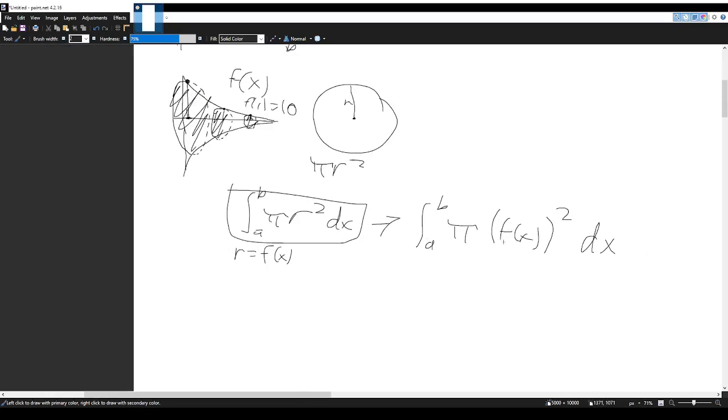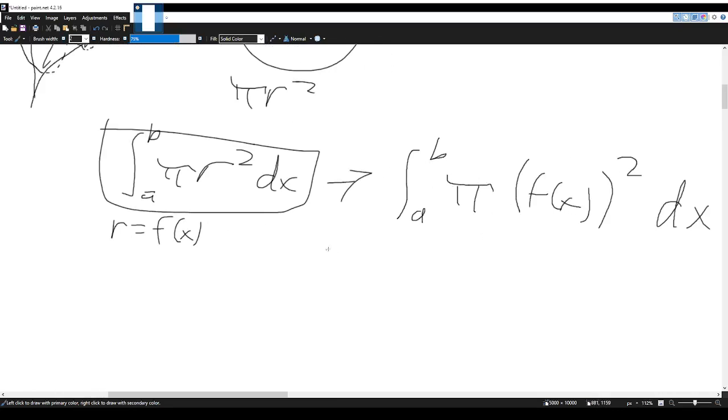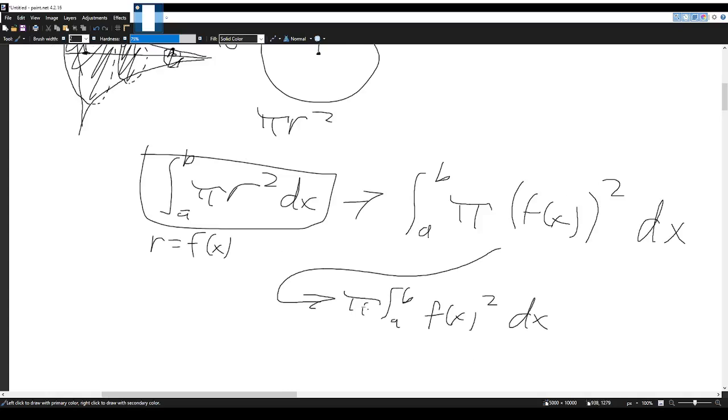Now that we have it in this form, you can have the pi inside, but it's easier to move it outside. So this becomes pi times the integral from a to b of f of x squared dx, and this is the formula.